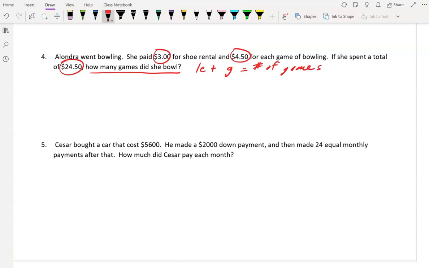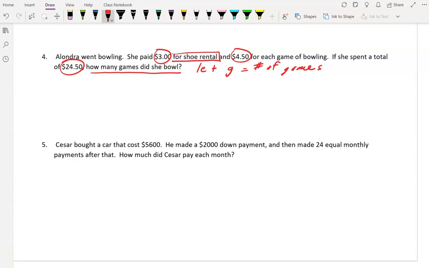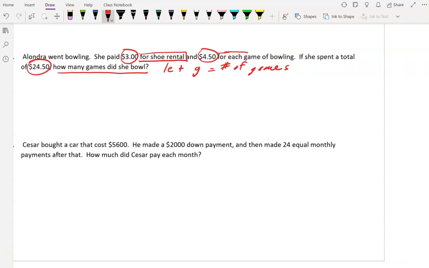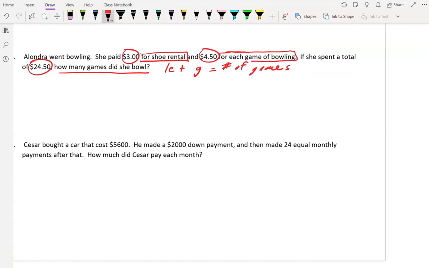I'm using G because, games. But you can use X, whatever. And important information that goes along with that: there was the $3 for the shoe rental, $4.50 for each game of bowling, and she spent a total of $24.50.